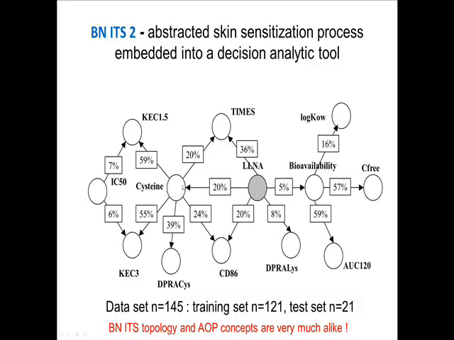At the same time, we know that cysteine reactivity, we measure it in vitro partly with the DPRA cysteine assay, but we also know that it is very strongly linked to the keratinosense response. And then finally, we have here times as an input from the in silico. And this, we know, is linked to the LNA, but then when we do the calculation, we know it's also linked to reactivity.